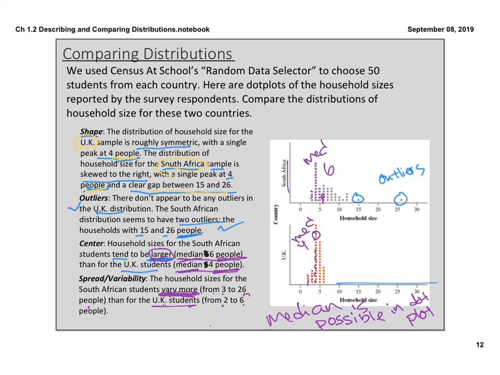So South African homes have more variability, right there up to there. Whereas the United Kingdom homes have variability from only there to there, from 2 to 6. So again, comparative language, vary more, and listing those intervals with context of using the word people.